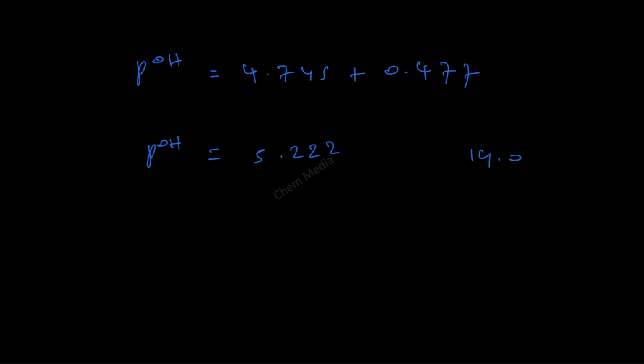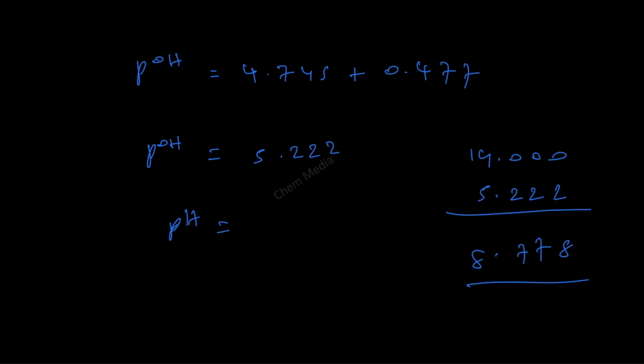So therefore 14 minus 5.222 should be the value of pH. So therefore pH value is equal to 8.778.